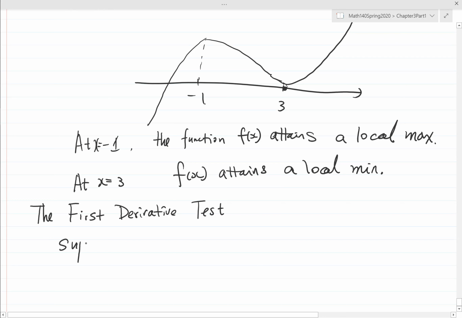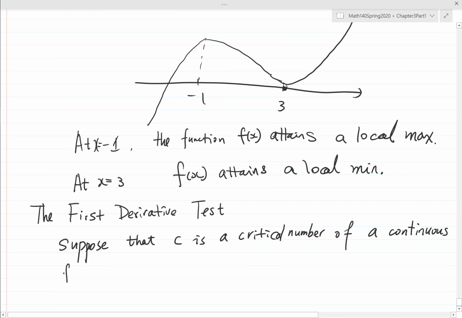So suppose that c is a critical number of a continuous function f(x).